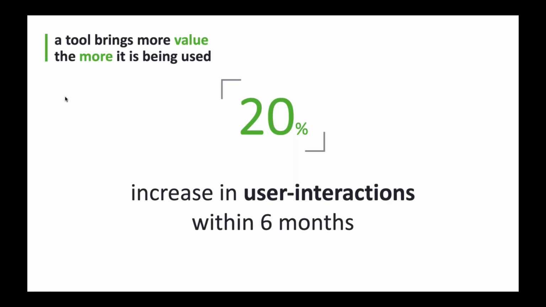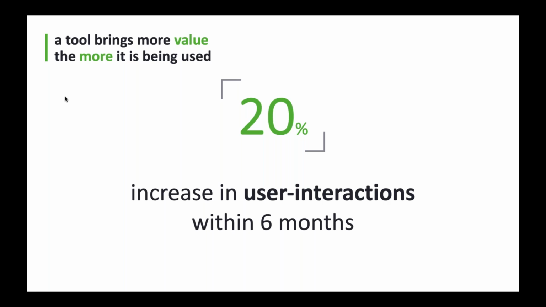But what they also saw is that, because people were able to get the guides anytime in the application, they were willing to use the system more often. They measured that the number of interactions increased by 20% within 6 months.